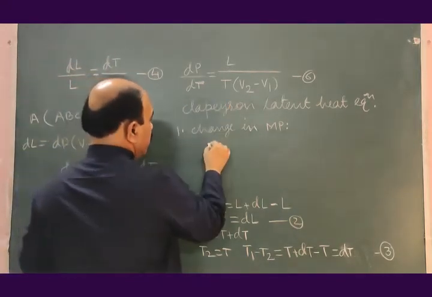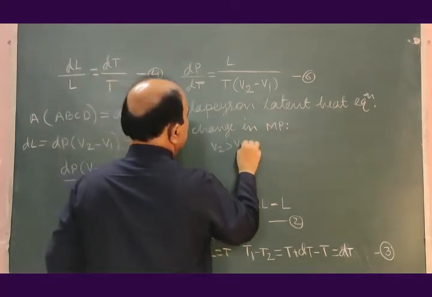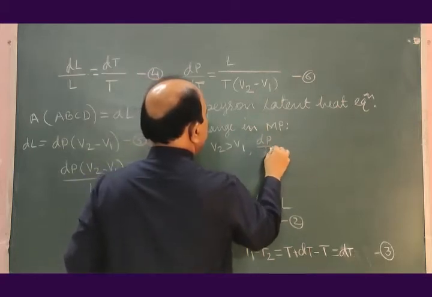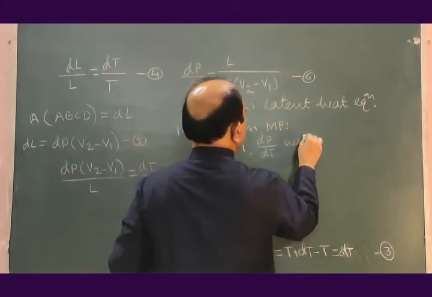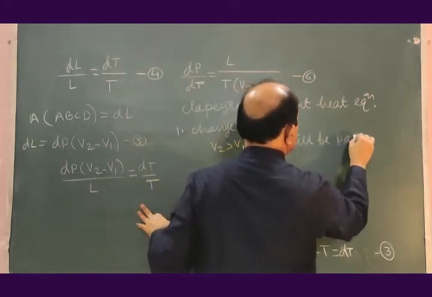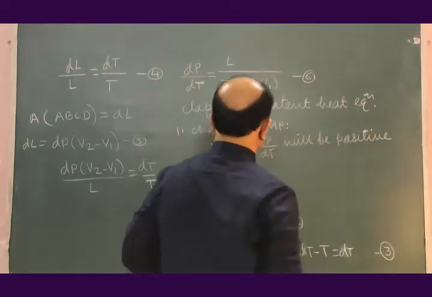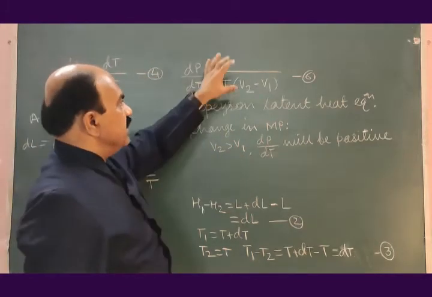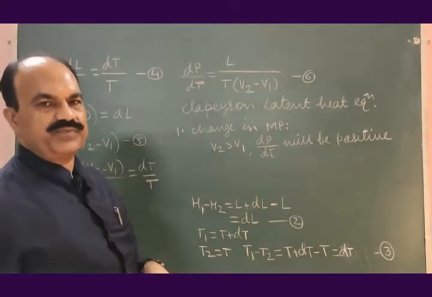If V2 is greater than V1, dp by dt will be positive. If V2 is greater than V1, this term will be positive, so dp by dt will be positive.